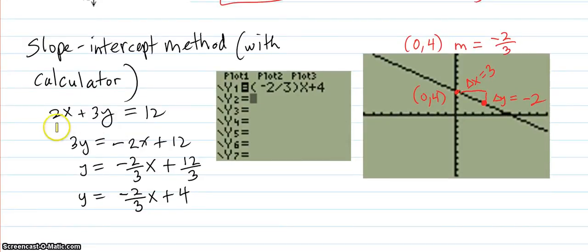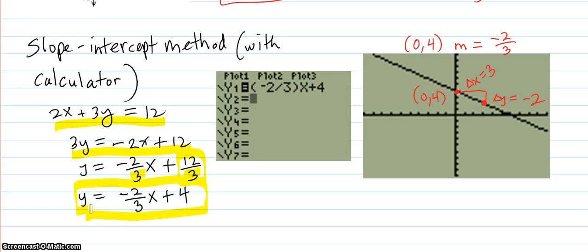And so you take the original equation, you solve for y, so we subtract 2x from both sides, get this, divide through by 3 on both sides, don't forget both terms get divided by 3, and then simplify anything that needs to be simplified. 12 thirds is 4. There's your equivalent equation.